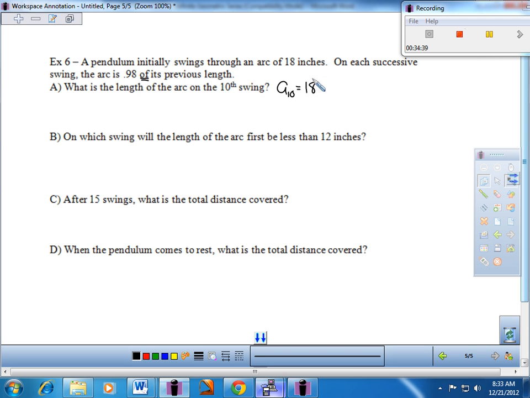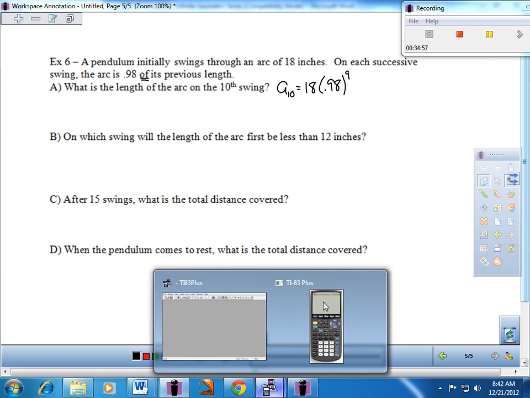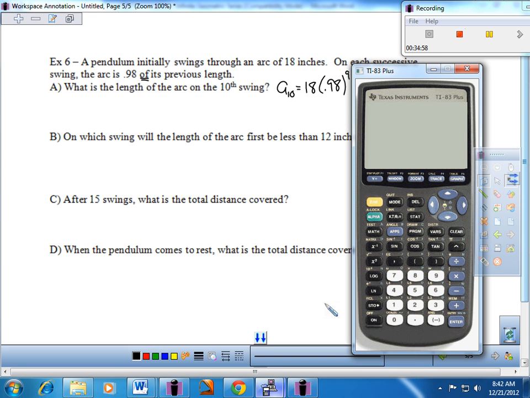We start with 18. And now it's just a matter of knowing our formulas. We already said this is geometric. So I take my 18 and I multiply it by 0.98. What do I raise it to, everybody, though? The ninth. All right, I'll bring my calculator up. I'll do these all with you, I think.